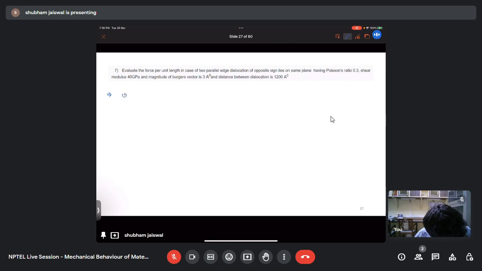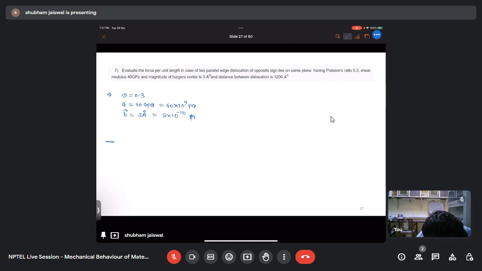Poisson's ratio nu is 0.3. Shear modulus is 40 GPa or 40 into 10 to the power 9 Pascal. Burgers vector is 3 angstrom or 3 into 10 to the power minus 10 meter, and the distance between the two dislocations is 1200.